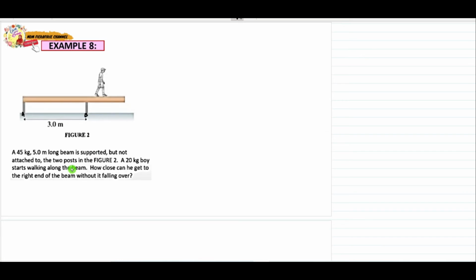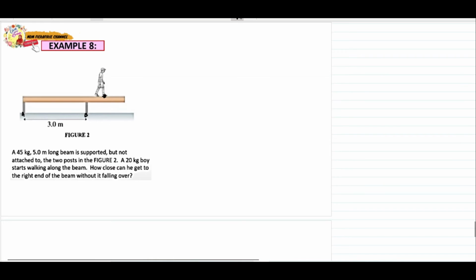Okay, it is only supported at these two points, point A and point B, but it is not attached, not nailed down. So we have two posts here. A 20 kg boy starts walking along the beam. How close can he get to the right end of the beam without it falling over?